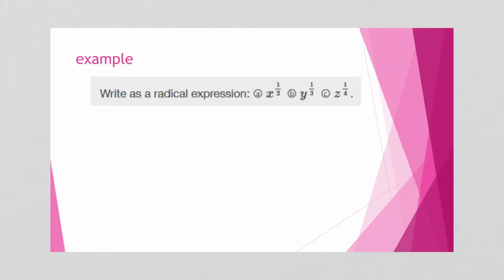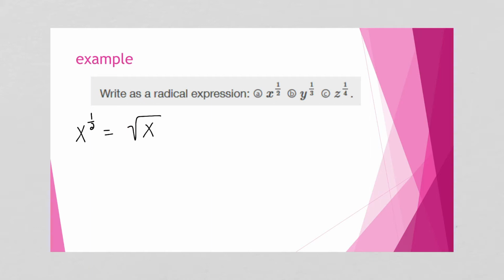Let's get some practice writing these from rational expressions to radical expressions. We've got x to the 1/2 power. We could write that as the square root of x. And remember, there is a 2 up here. We don't usually write it. It's understood to be there.